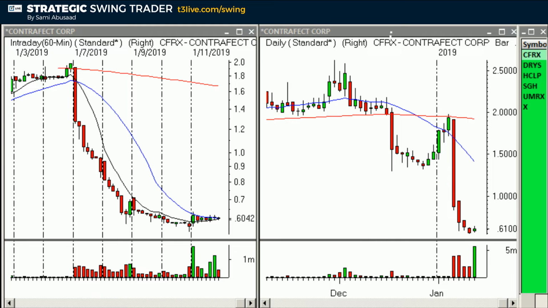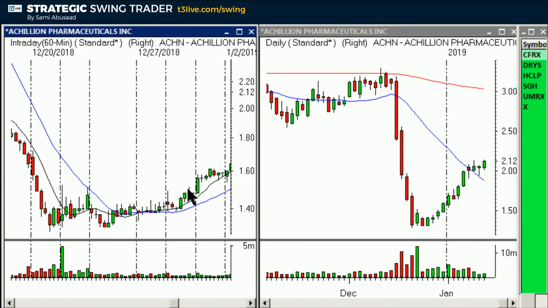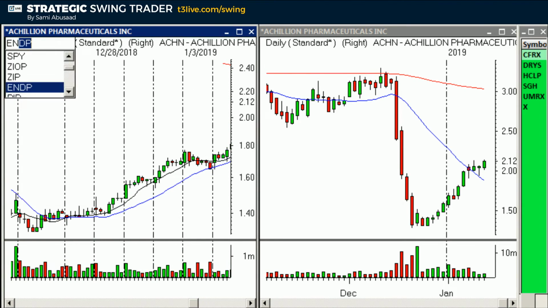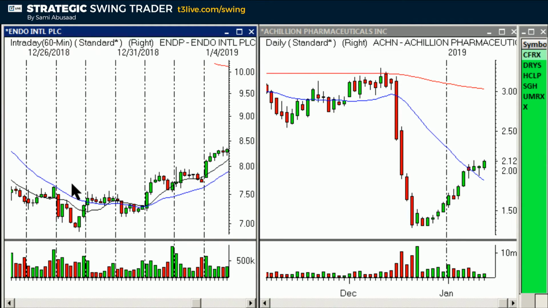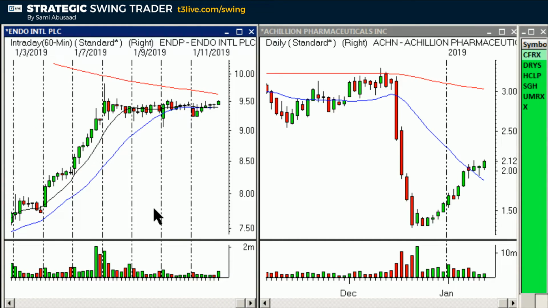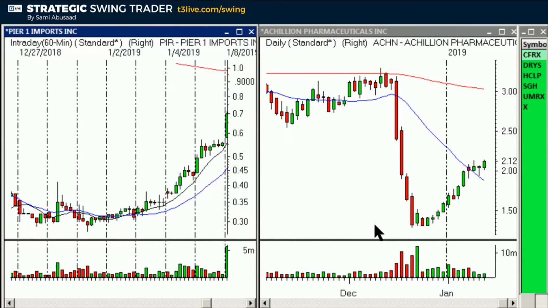So it's not the best I've ever seen, but it's similar to the other ones that I showed you, the ACH and the transition on the hourly chart. See how it transitioned higher from here and then just kept going? ENDP, same thing, transitioned higher and then kept going. The PIR, another penny stock, transitioned higher and kept going.